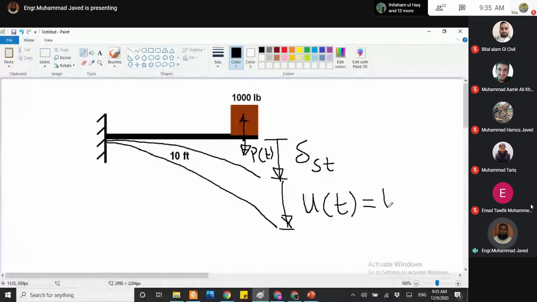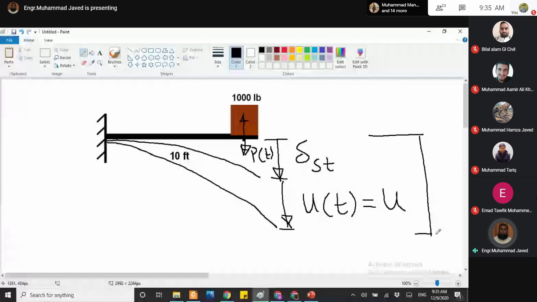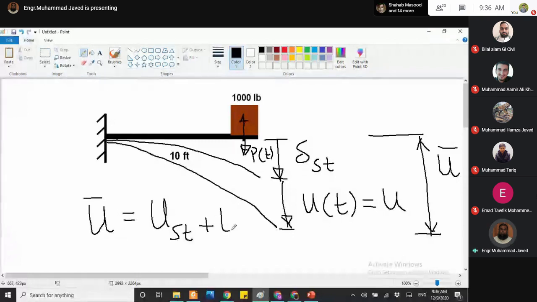If we write u, since we are studying a dynamic analysis course, it means u of t. And so the total deflection at any instant of time, represented by u bar, will be equal to deflection due to static load plus deflection due to dynamic load.